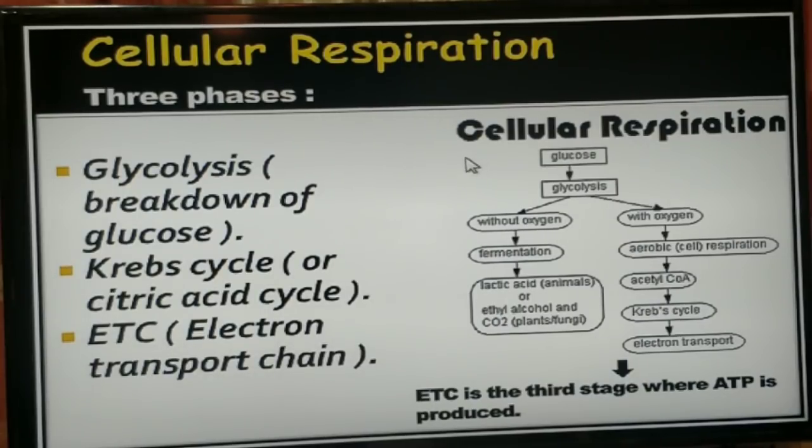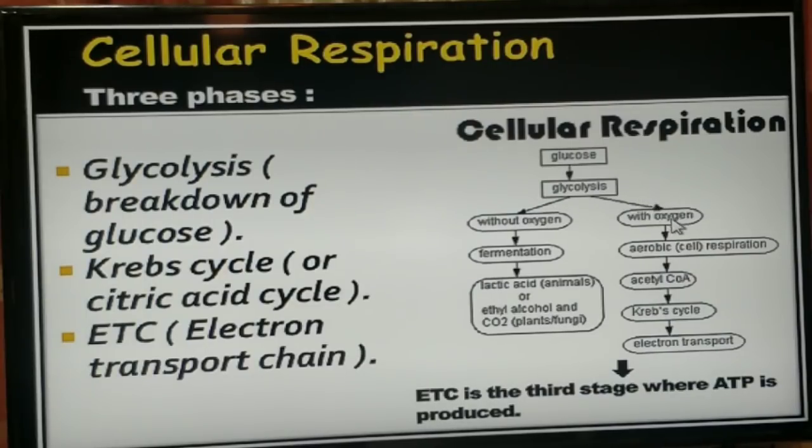We can see here cellular respiration is summarized as glucose enters the glycolysis phase. Without oxygen, it produces the fermentation process, and lactic acid is produced in animals, whereas ethyl alcohol and carbon dioxide are produced in plants, fungi, and bacteria.